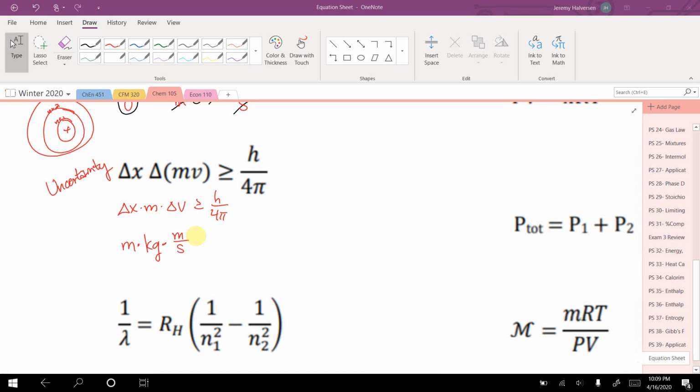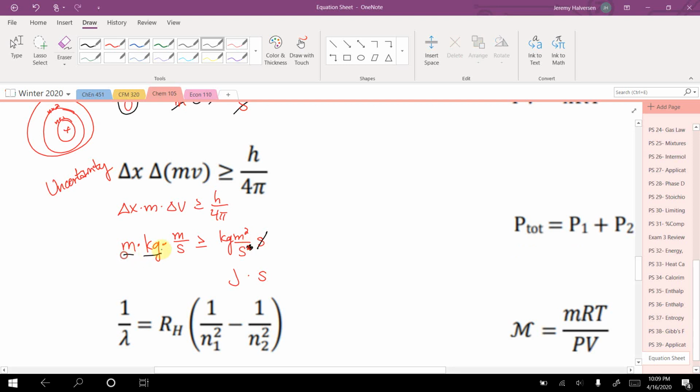And that all has to be greater than or equal to h, which remember is joules times seconds, but I'm going to rewrite it because joules is kilogram meters squared per second squared. So that's joules times seconds, which means I need to add another seconds. Let's see if this works. Seconds cancels with one of those, and then I'm good.